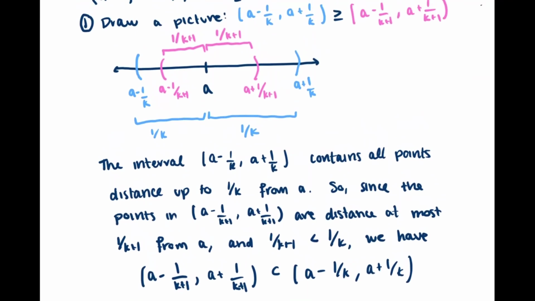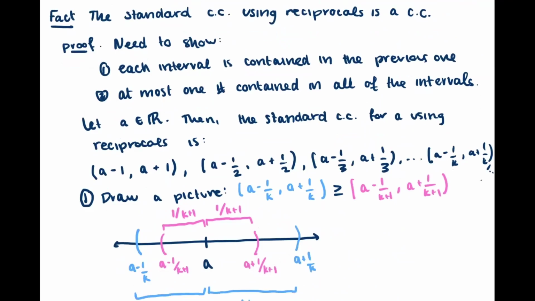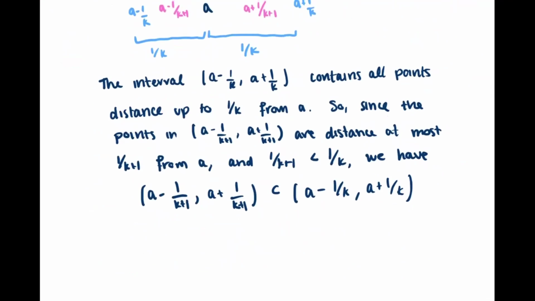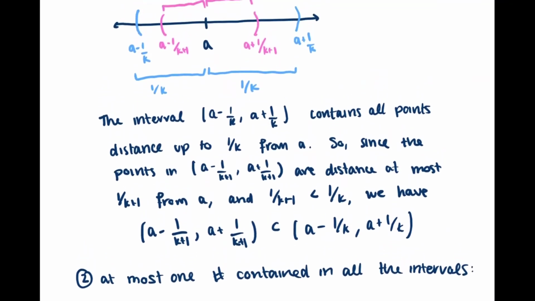Okay, good. So let's argue the second part. We also need to say why there's at most 1 number contained in all the intervals. So we are in the situation that the number A is contained in all of the intervals, right?